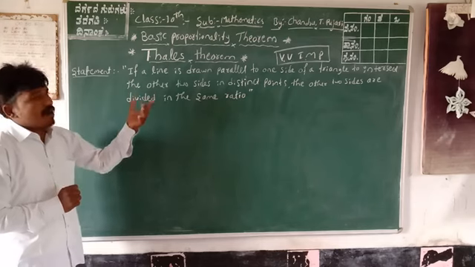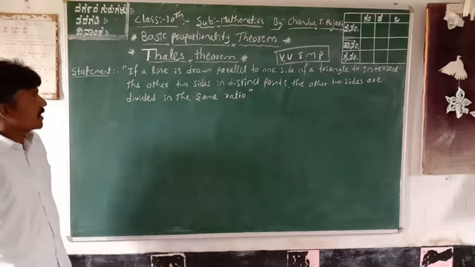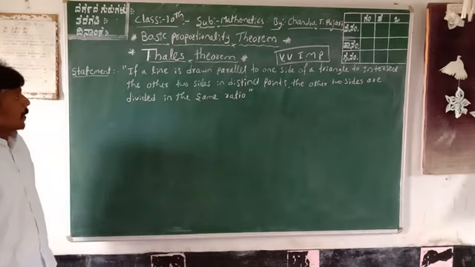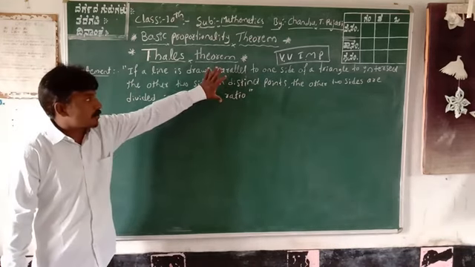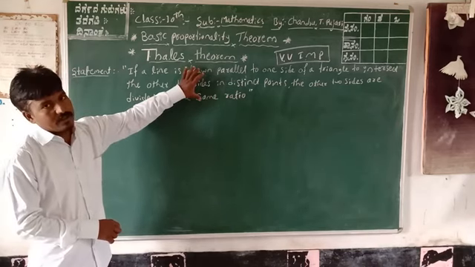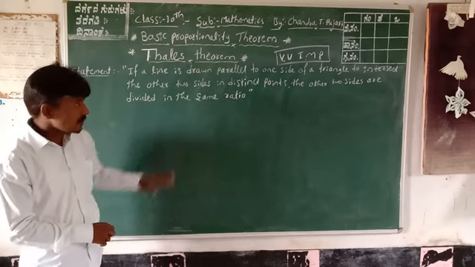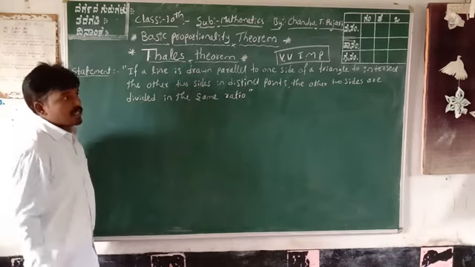Okay, how to solve this theorem? This is very important, 4 marks questions are here. To prove it, first of all, this statement is very important. Keep it in your mind. This is a 1 mark question, and you can also write it in the 4 marks question. In the question paper it may be directly written as only state Thales theorem, so you write the statement first, or otherwise the statement is given in your question paper.